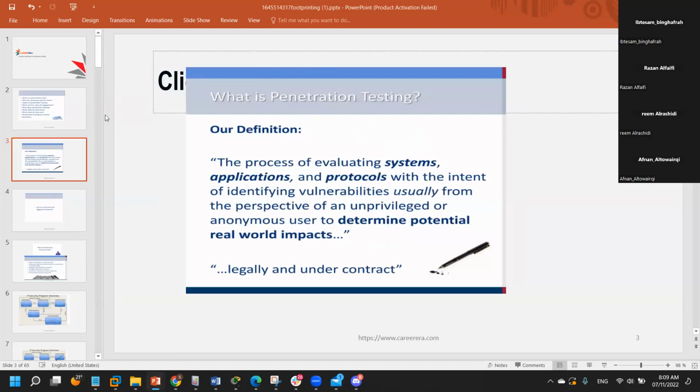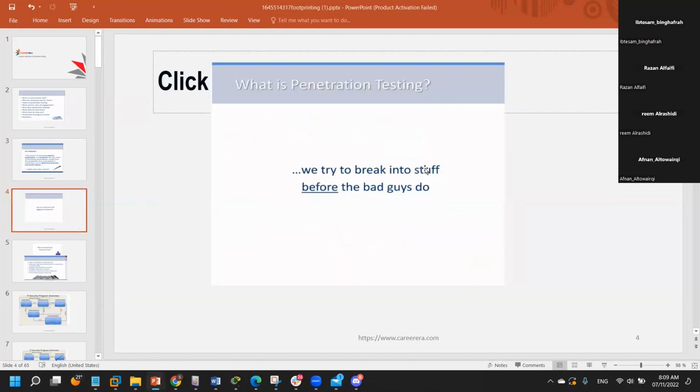Okay, so what is penetration testing all about? This is a very brief introduction, and this is what I wanted you to really learn. A penetration tester or ethical hacker tries to break into your system in order to find vulnerabilities and weaknesses in systems, highlight them, and recommend a remediation or rectification before the bad guys do this.